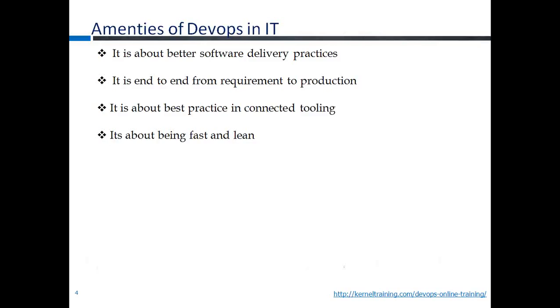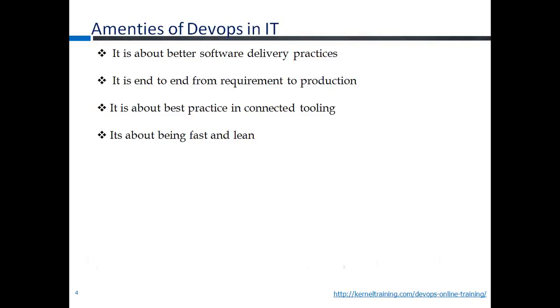About being fast and lean: fast and lean defines that whatever a DevOps guy is defining, about a prospect or a plan, should be very fast. When he's doing any kind of task, it shouldn't get stuck anywhere. It should go on and deliver very quickly, in half an hour, 15 minutes, 10 minutes, or even 5 minutes, or even 4 minutes.